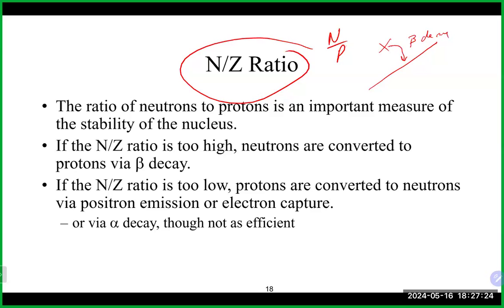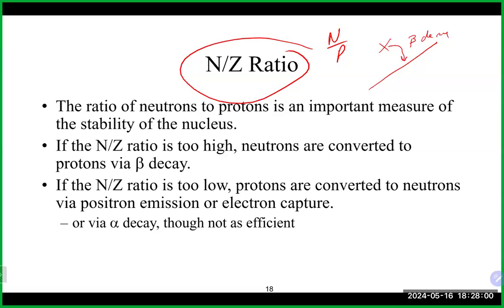You could write the reaction by taking whatever you're starting with and taking it through a beta decay reaction. That should give you a new nuclide that is more stable. Will it be perfectly stable after just one beta decay? You might get lucky, but you might not get a perfect ratio. But it should definitely move you closer to the ideal ratio. It shouldn't move you away from it.